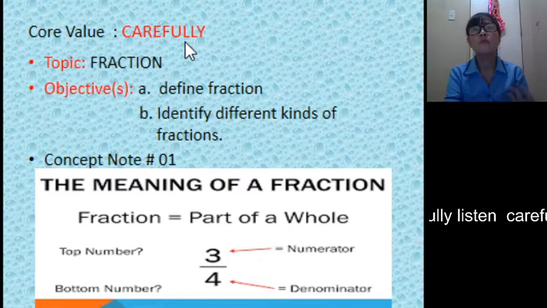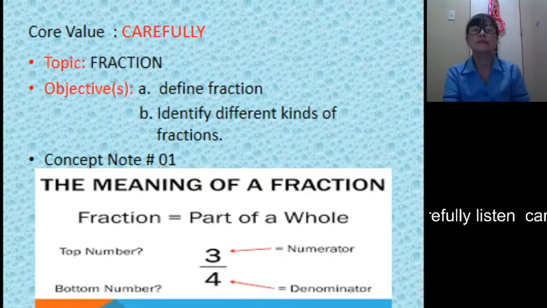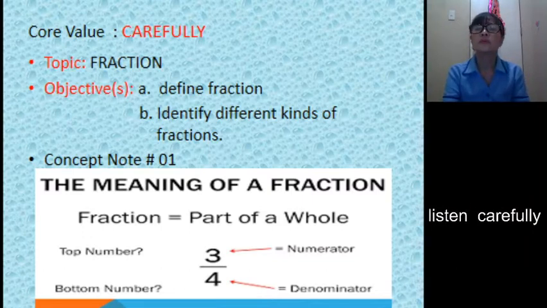We have to be more careful about finding the solution of the problem, analyzing the problem, or even computing a certain problem in our discussion. So in this case, class, these are the objectives of fraction. First, to define fraction. Next is to identify the different kinds of fraction.